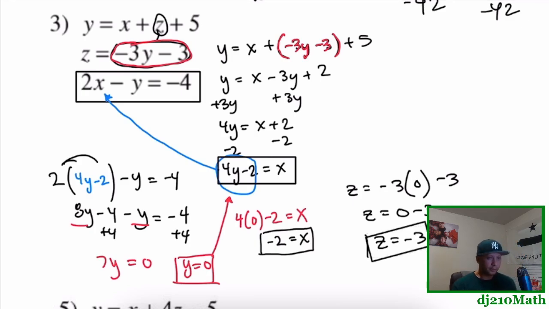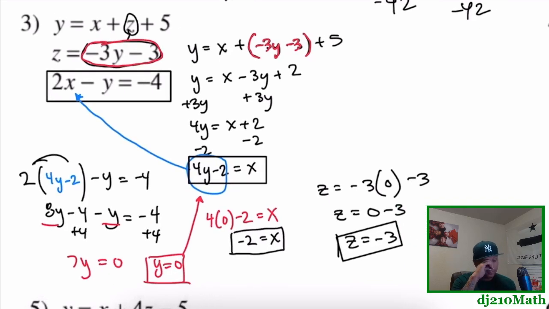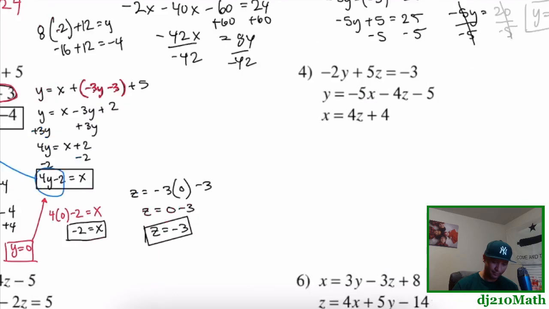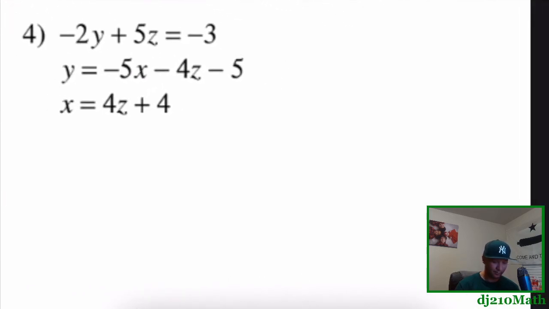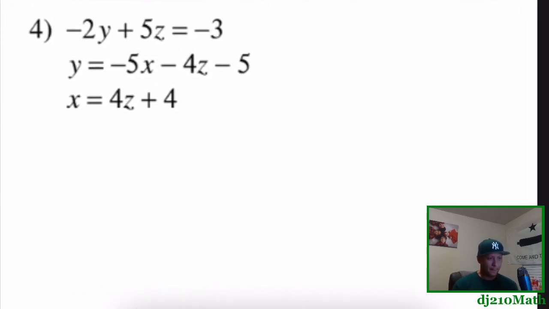Okay, so substitution, we can see, gets a little involved. Like, it's very logical, super logical, right? What do I have? Where can I sub it into? So unlike the elimination method, where, well, I mean, you're still using logic, right?